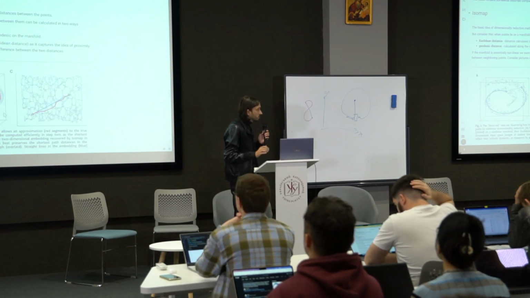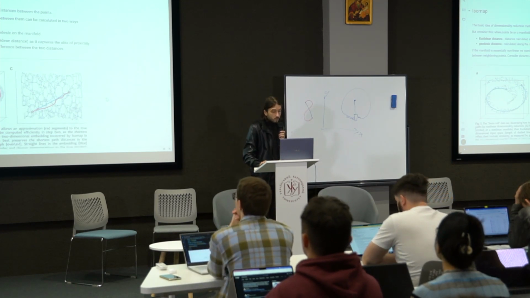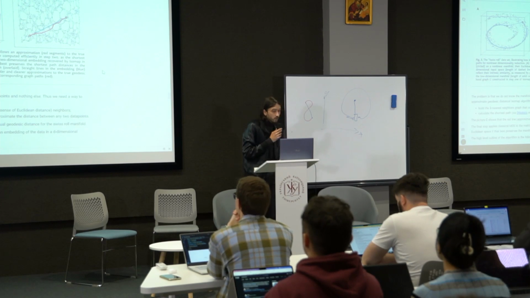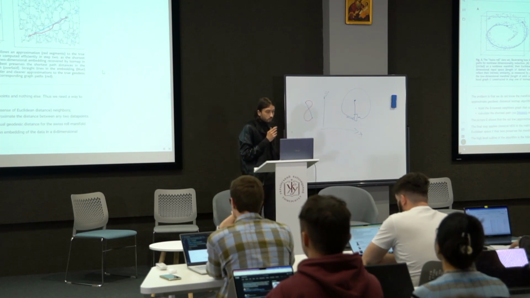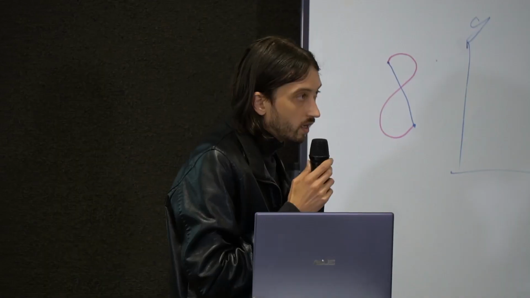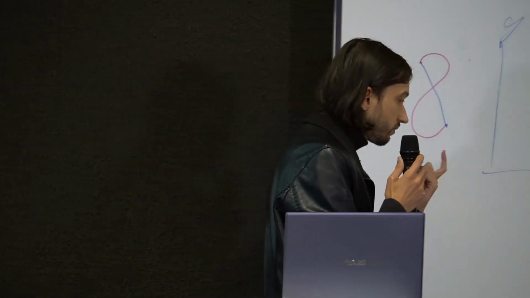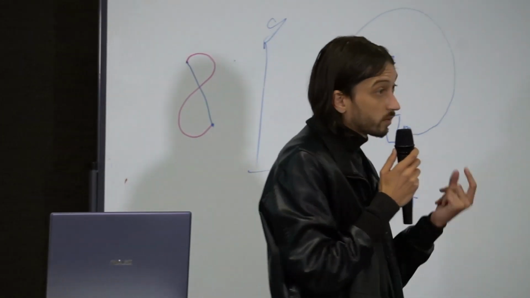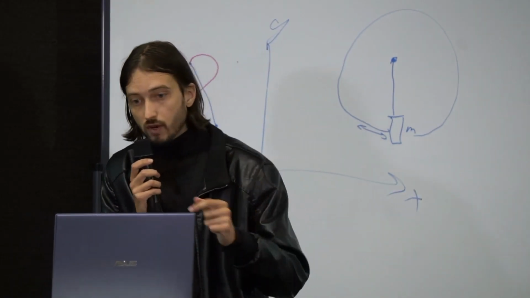So what we are doing is transforming them into a graph, connecting each point to some number of its nearest neighbors. This graph will have edges that have some length. And I can move along these edges and find the shortest path between points A and B.